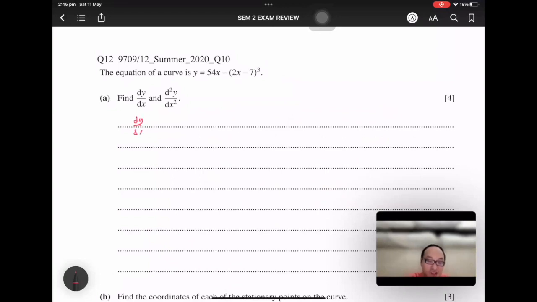The first derivative: 54x becomes 54, minus this one, we can use the chain rule. So 3 times (2x minus 7) to the power of 3 minus 1, which is 2. And then don't forget to multiply by the derivative of 2x minus 7, the inner function.